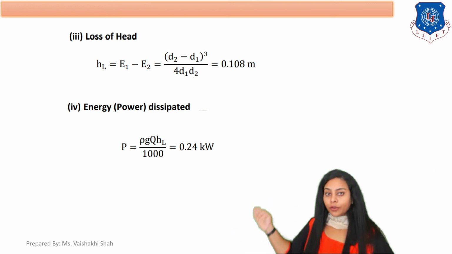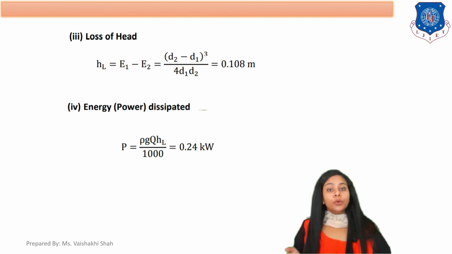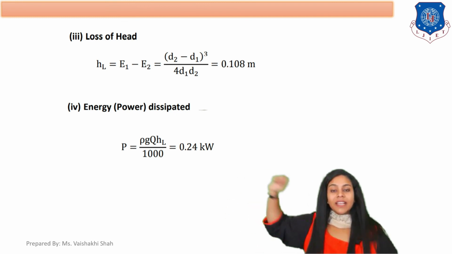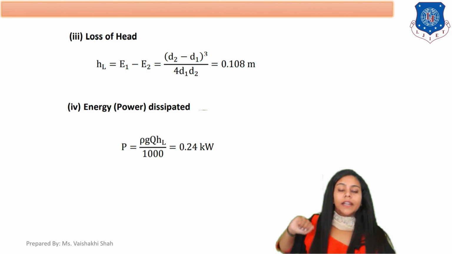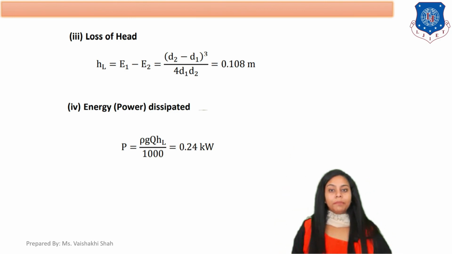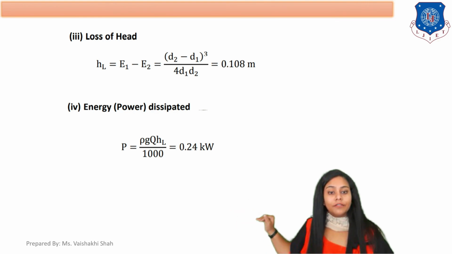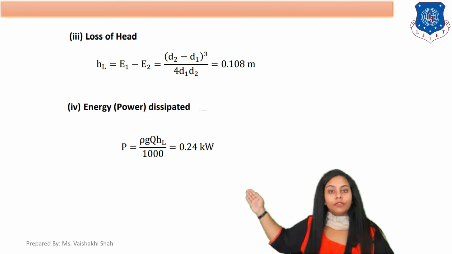Here rho is mass density, G is acceleration due to gravity, capital Q indicates total discharge, and HL is the head loss. We already have the value of HL here. So by placing all the values in the equation, you get a final answer for power, which is 0.24 kilowatt.